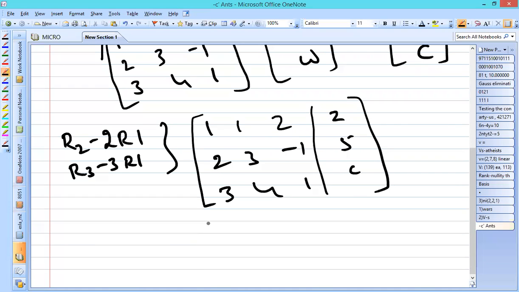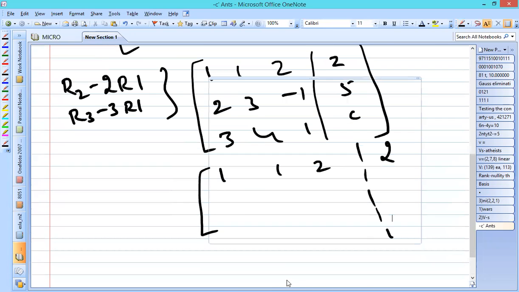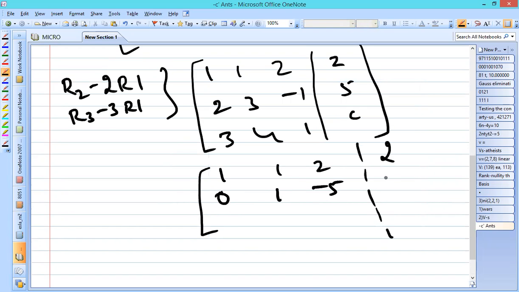If we do R2 minus 2 R1 and R3 minus 3 R1, the first row elements will not change, and the R2 elements will become how much? 0, 1, minus 5, 1 and 0, 1, minus 5, C minus 6.